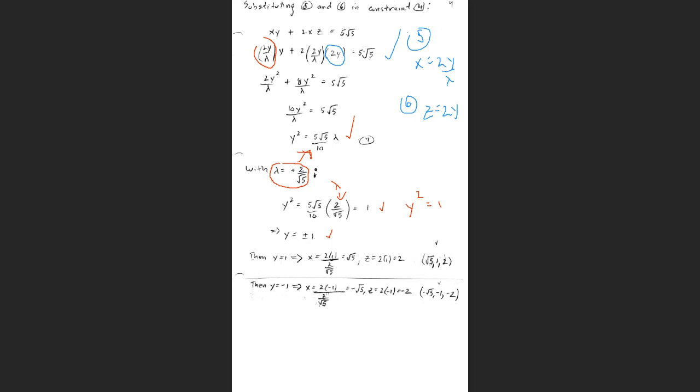Now that I know y equals 1 or negative 1, I can figure out the corresponding points. So remember, x was equal to 2y divided by lambda, right? That was equation 5.